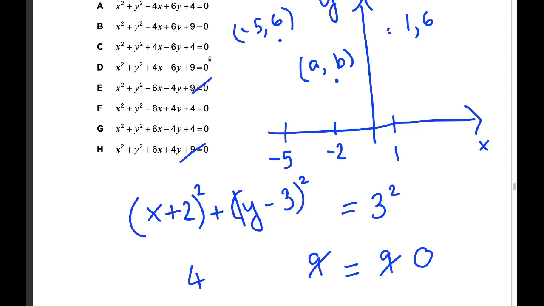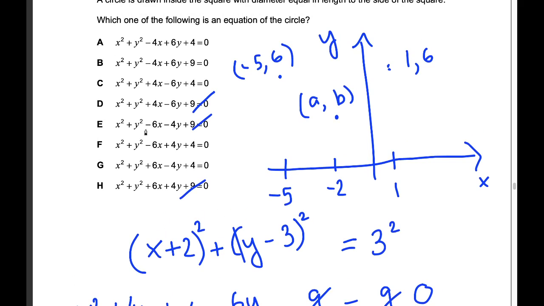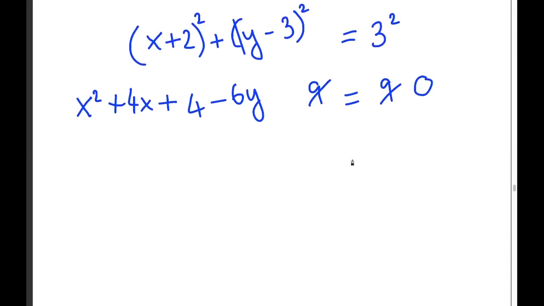So I can eliminate quite a few on that basis, but really I probably need to know the whole thing. So I'm going to have an x squared and a y squared, that's obvious, but I'm also going to have a plus 4x from the expansion of my x squared bracket, and a minus 6y from the expansion of my y squared bracket. So I'm looking for a minus 6y, a plus 4x. They both have an x squared plus a y squared. So the answer is C. Okay, so you don't really need to do the whole expansion.